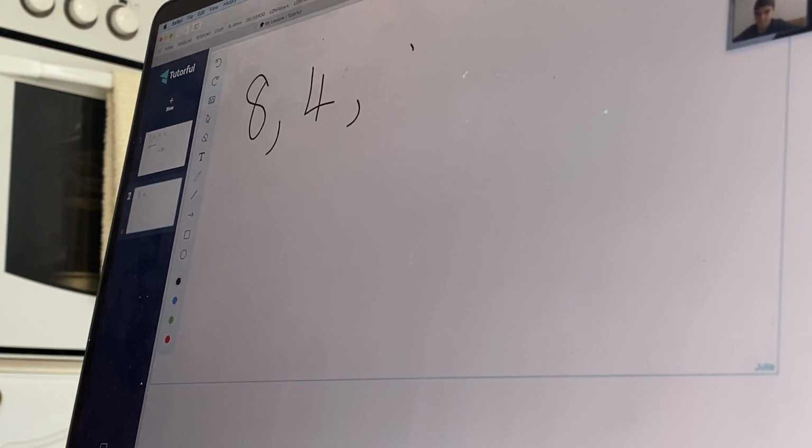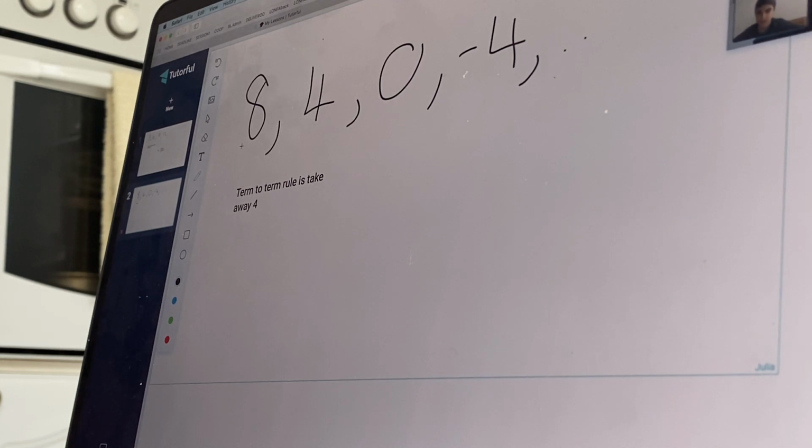So we'll do 8, 4, 0, minus 4. First of all, the term-to-term rule? Subtract 4, take away 4. And the starting point is 12.